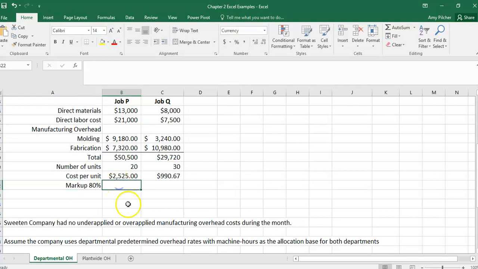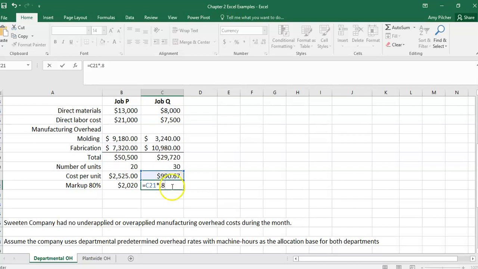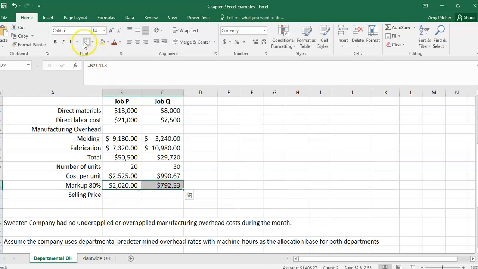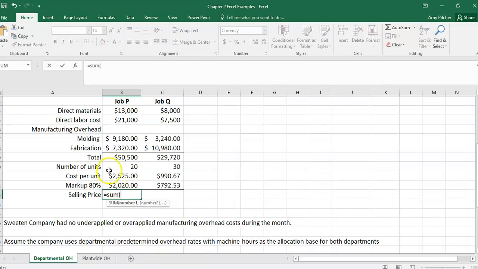We add our 80% markup, take the cost per unit times 0.8 or 80%. We add our cost per unit plus the markup, and we have our selling price.